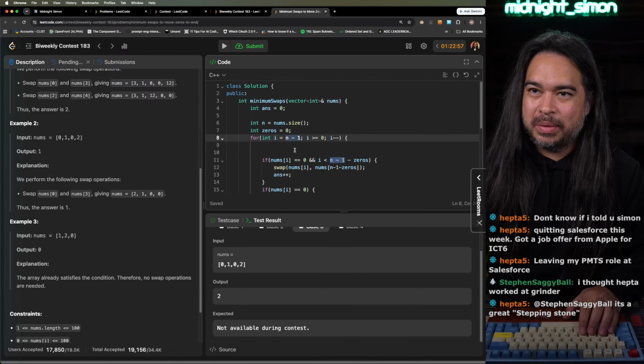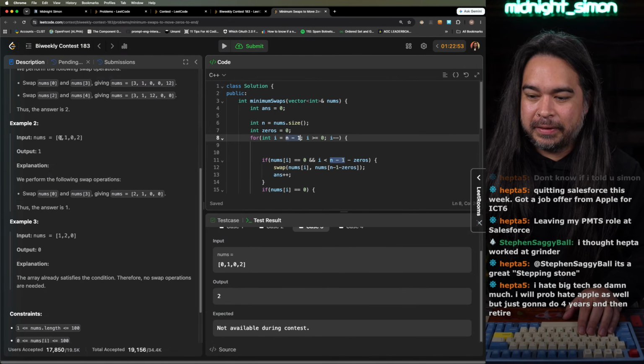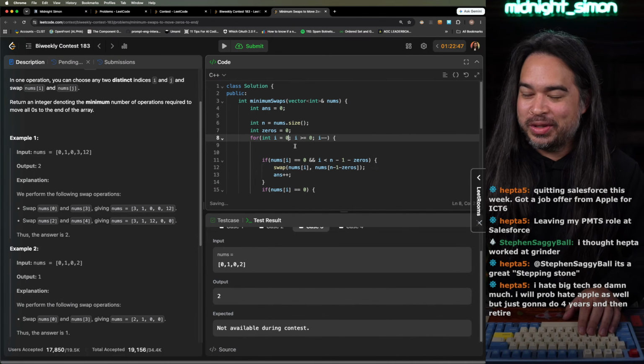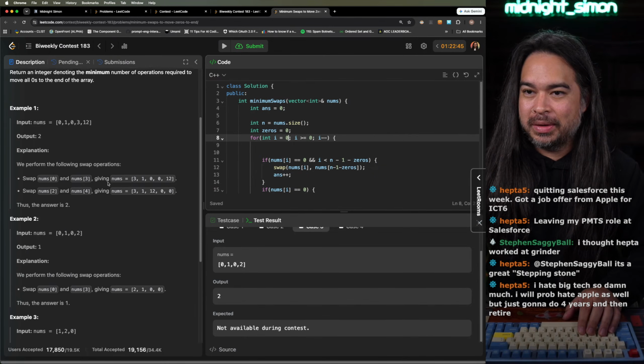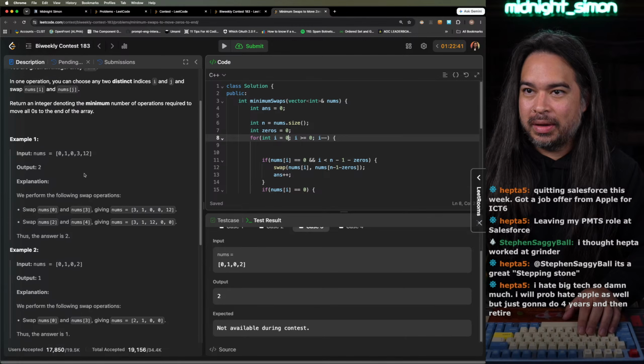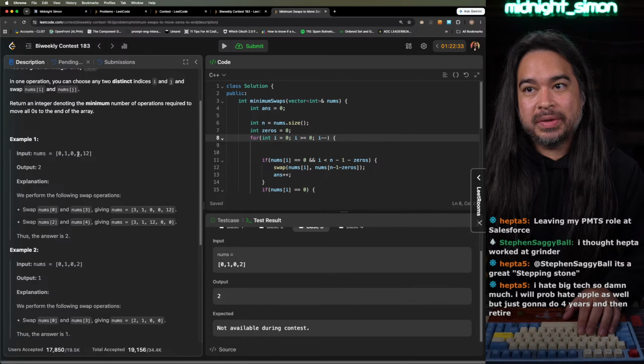Dang, so maybe I do go from left to right. Man, this is just a Q1 and I'm struggling out here. It should really just be however many zeros.